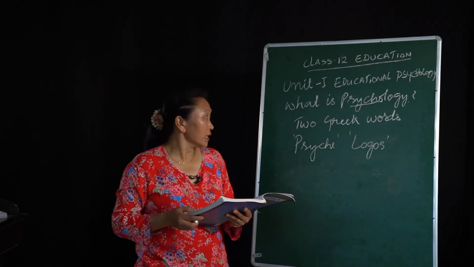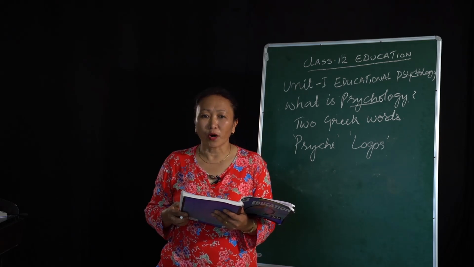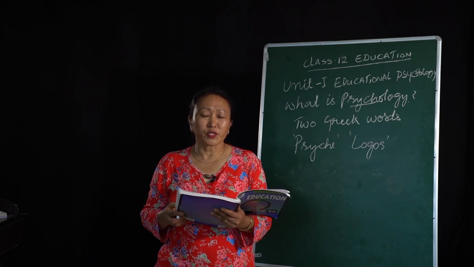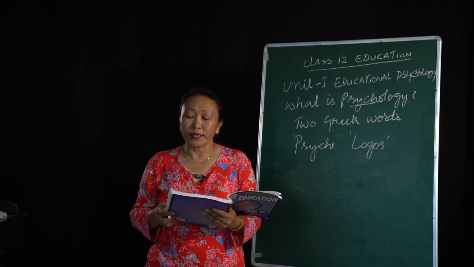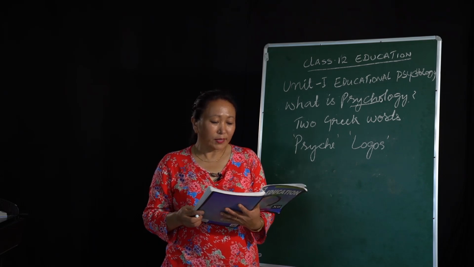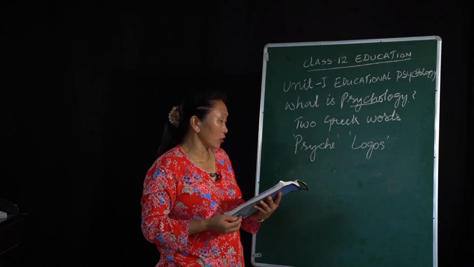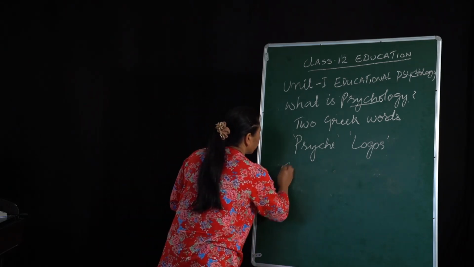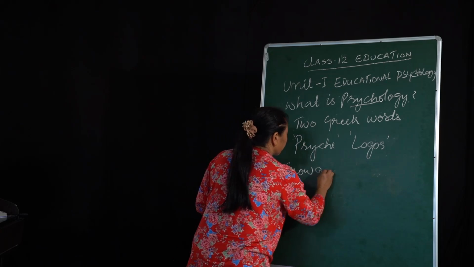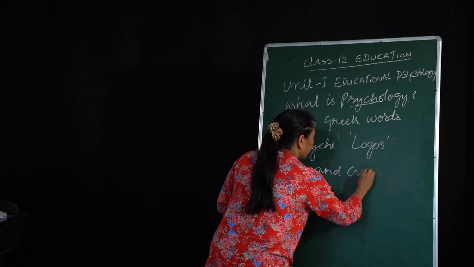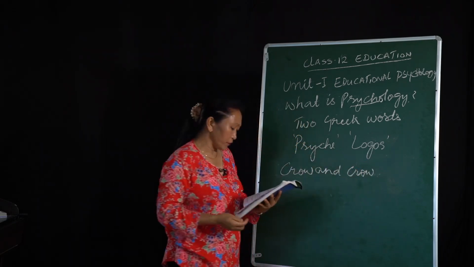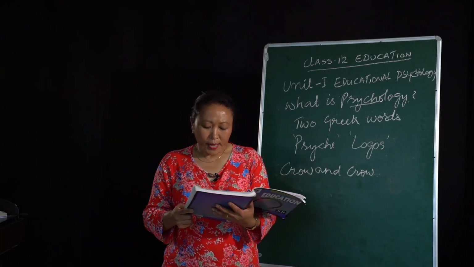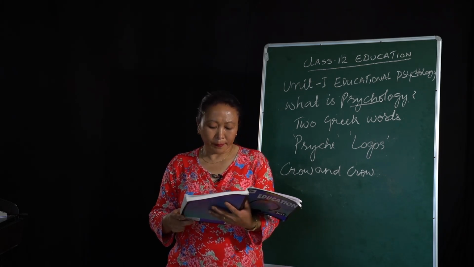Now we can say psychology is defined formally as a science which studies mental process, experiences, and behavior in different contexts. Now let us go to the definition of psychology. Crow and Crow define psychology as the study of human behavior and human relationship.